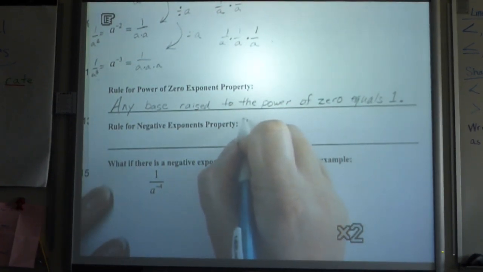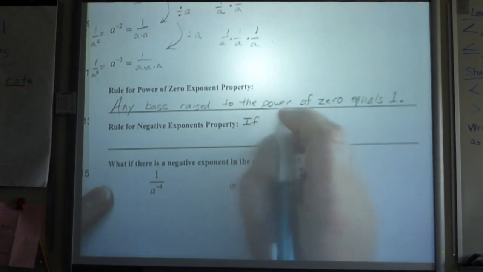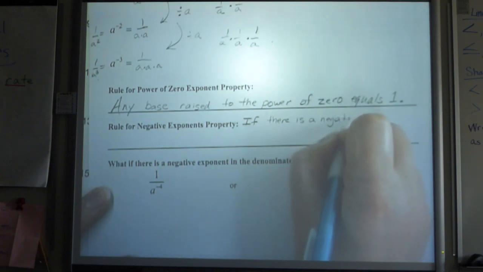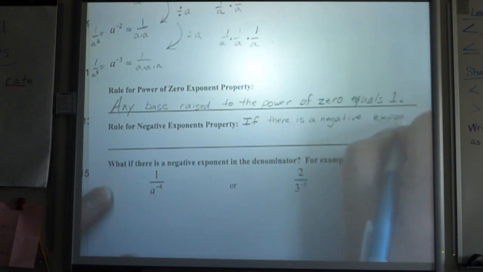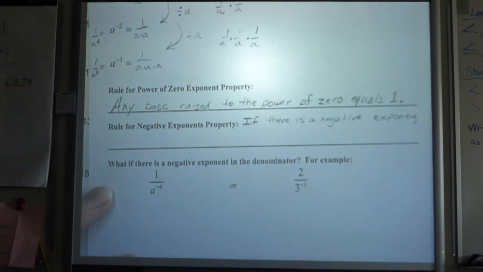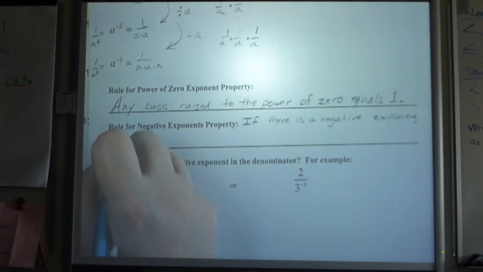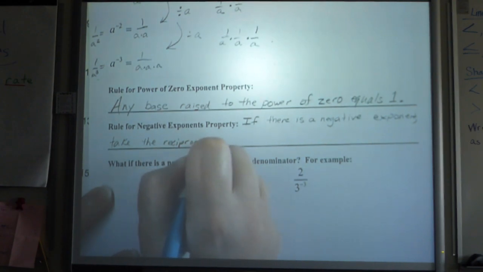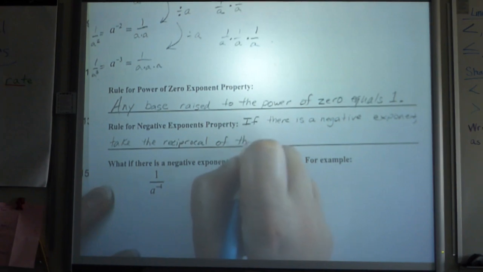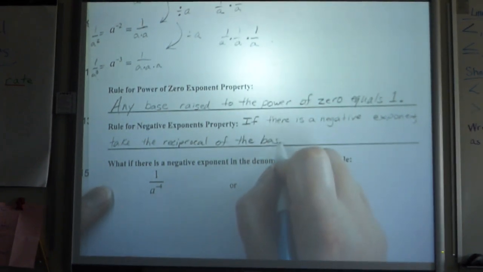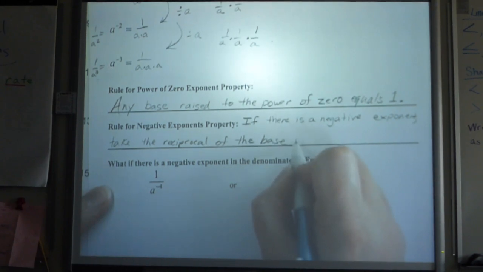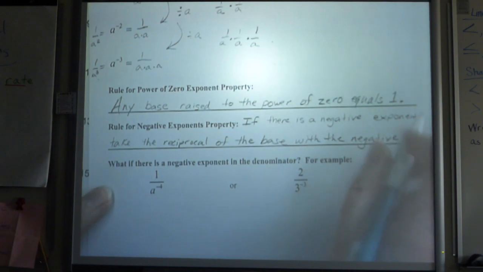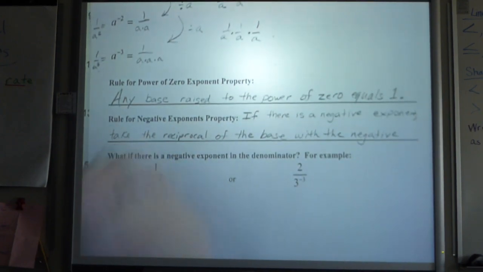And for negative exponents, if there is a negative exponent, take the reciprocal of the base with the negative exponent. And we'll look at a more formal definition of that later, but let's do some application problems.